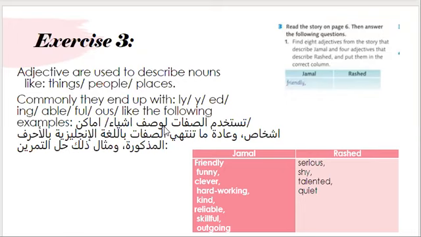But these are the most common suffixes of adjectives.